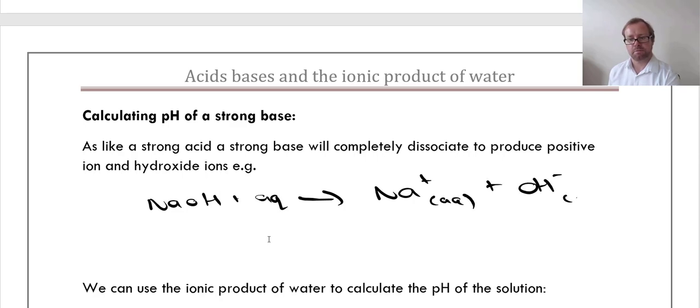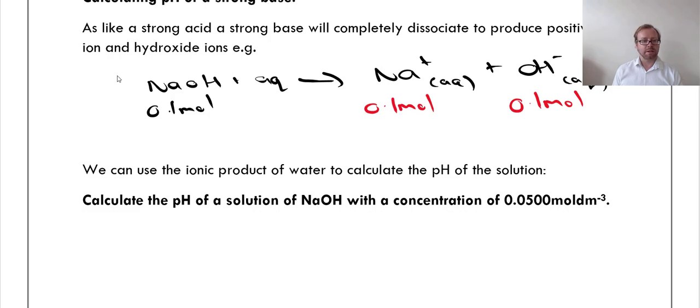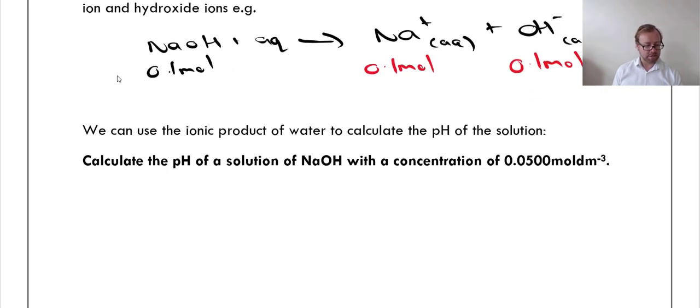So I have my Na plus, I have my OH minus. So if I have 0.1 moles here, it must mean, if it completely dissociates, that I have 0.1 moles here and 0.1 moles here.